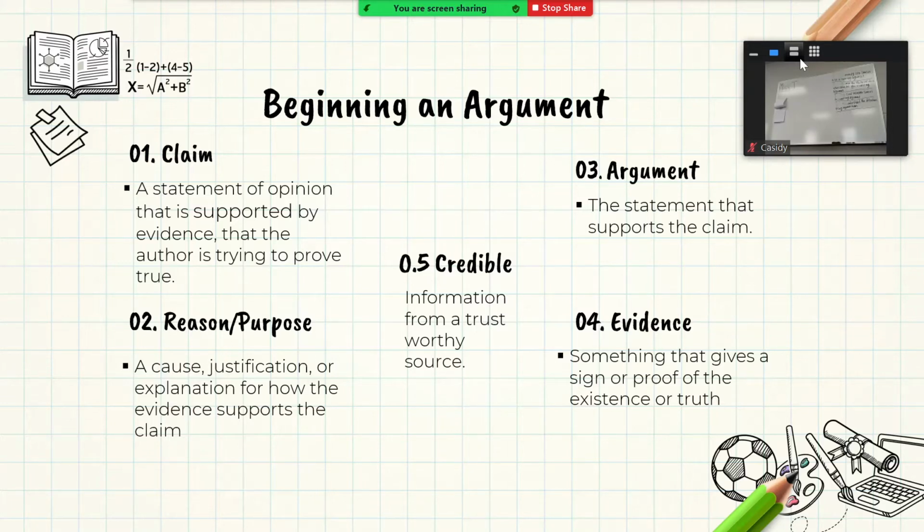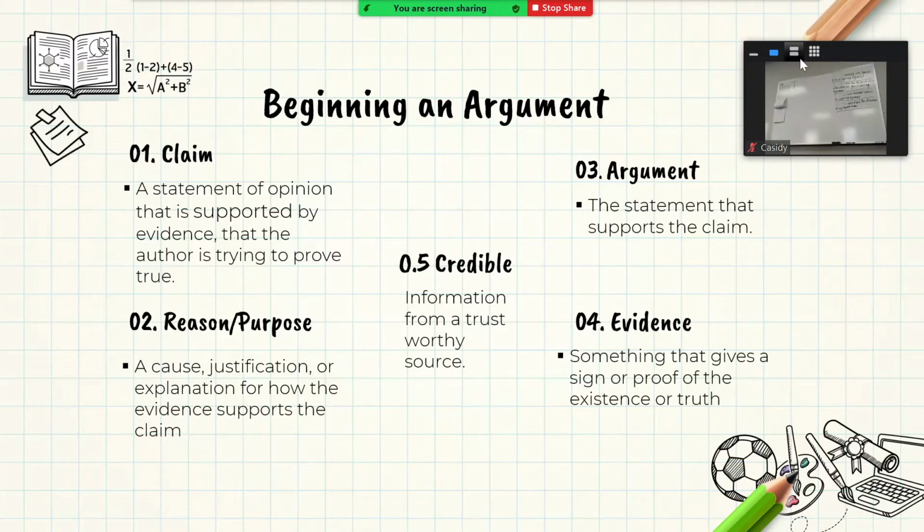And a thing that goes really well with evidence is having credible evidence. So credible is information from a trustworthy source. Now, finding credible information can actually be very difficult because there's a lot of people using fake news, or people posting blog posts. And even though those posts might have actual factual information, the blog post itself could be written by anyone.